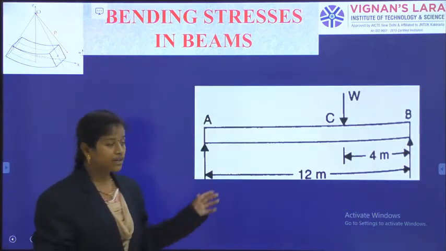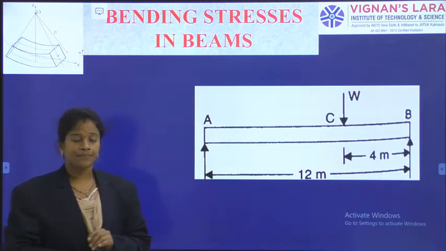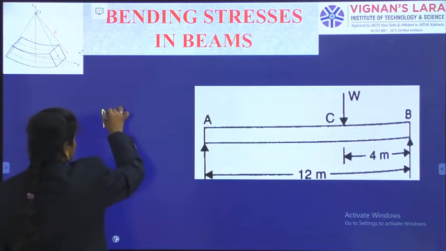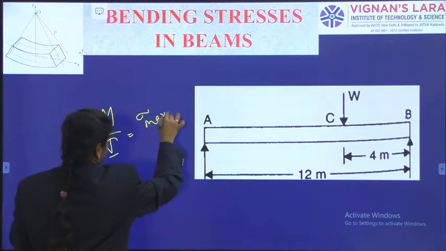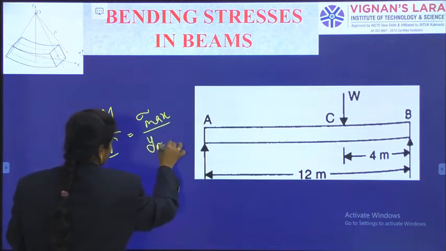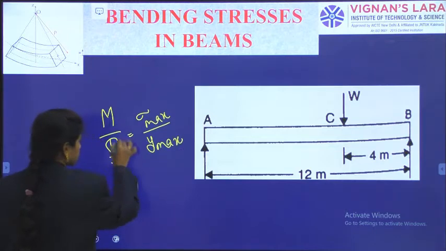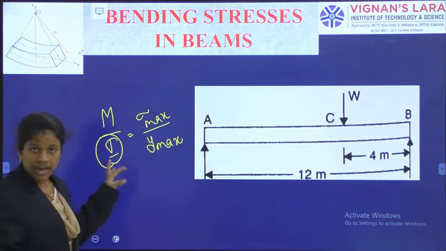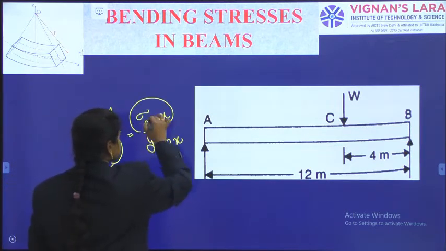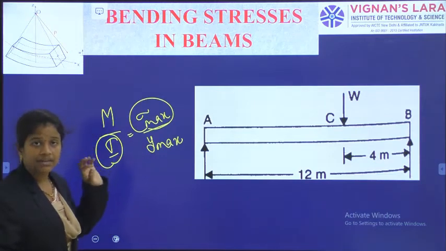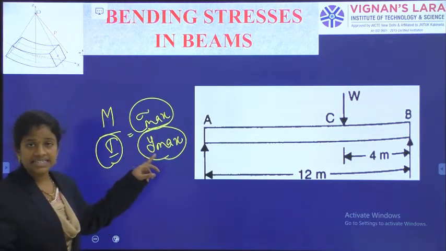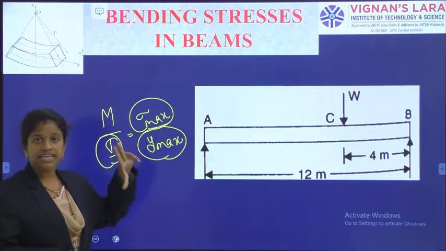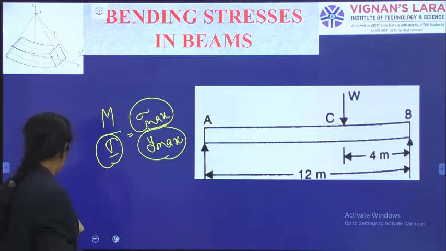Now I am going for the calculation of M, as M by I equals sigma max by y max. For the section we have calculated I, sigma max is given in the problem, and y max is calculated from the section's overall depth.